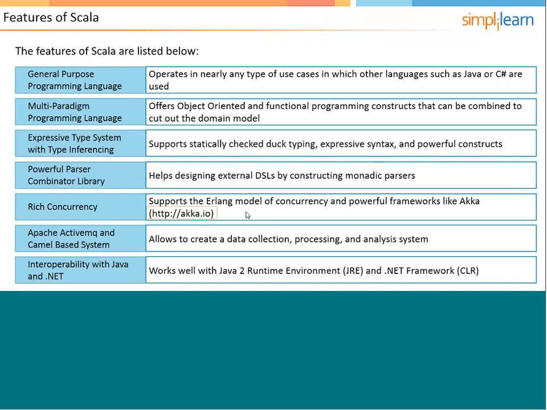There is also one important thing: it supports the Erlang model of concurrency and powerful frameworks like Akka. The Akka actor-based framework is a framework to handle concurrent thread programming.